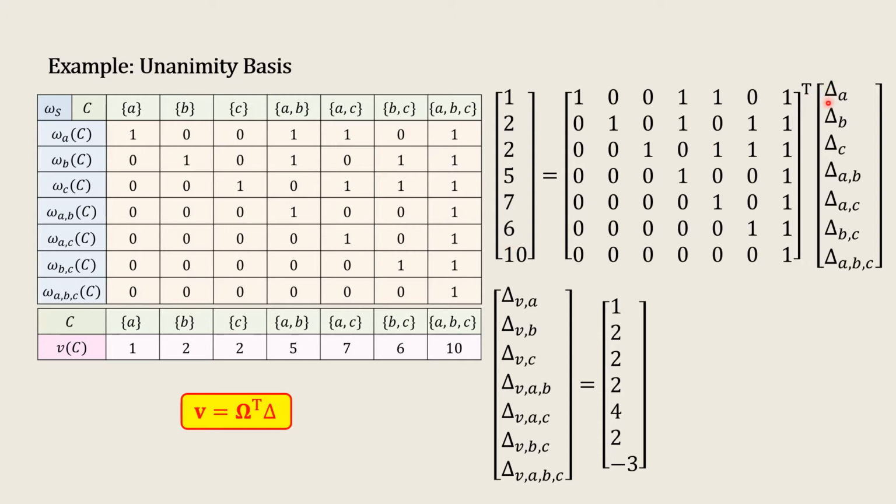The Harsanyi dividends, the vector of deltas, is this. Whence I get this expression here, and note this transpose: V equals omega transpose delta. And solving, we can get the Harsanyi dividends, which are equal to these.